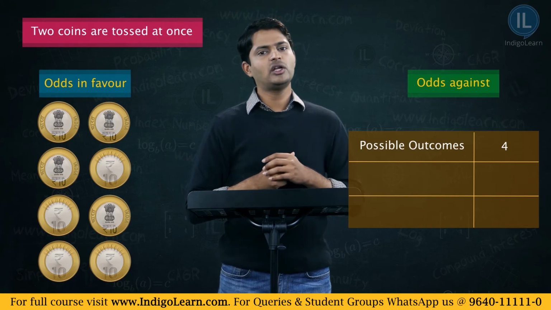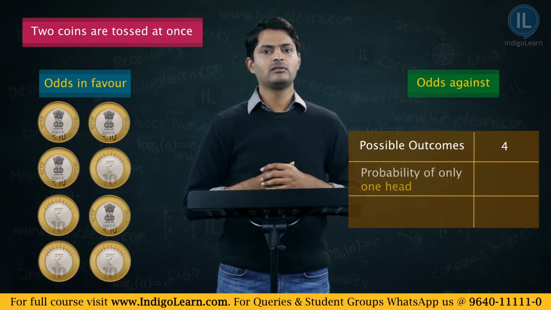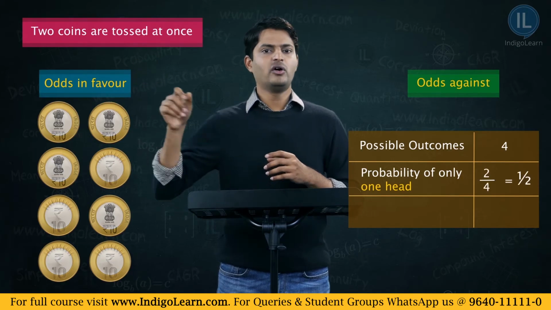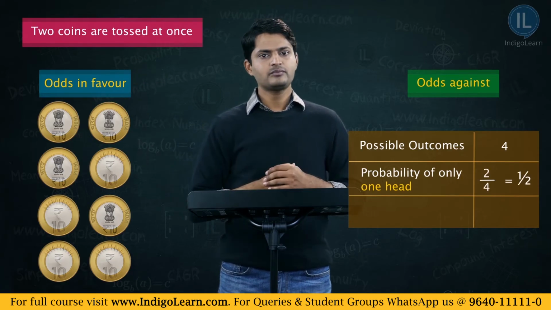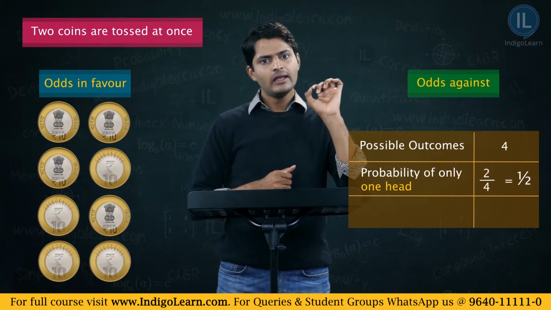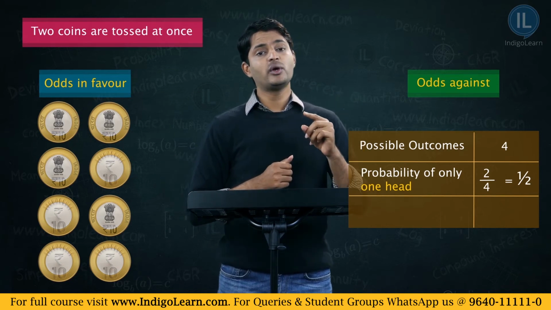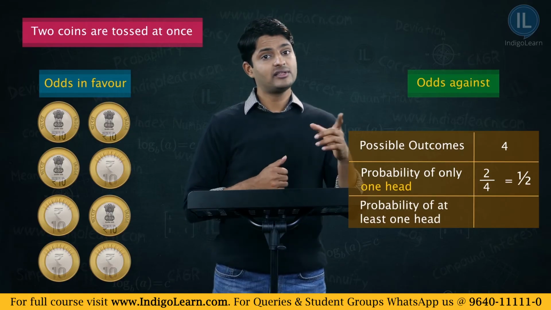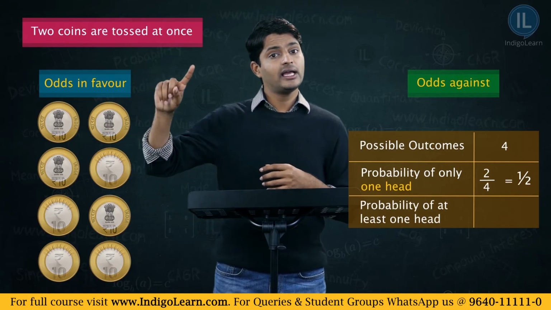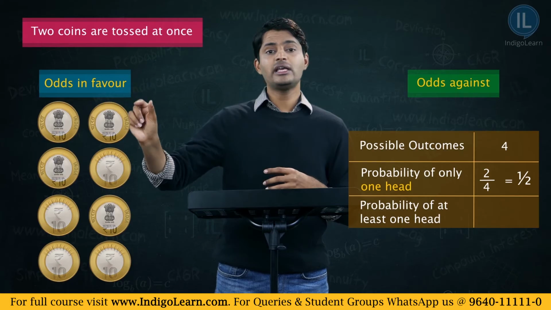Out of this, the probability of showing 1 head is 2 cases upon 4 cases, 1 by 2. So the probability of it showing a head is 1 by 2, right? If I ask you what is the probability of it showing at least 1 head, head head, head tail, tail head, all 3 you will take, so you will take 3 by 4.